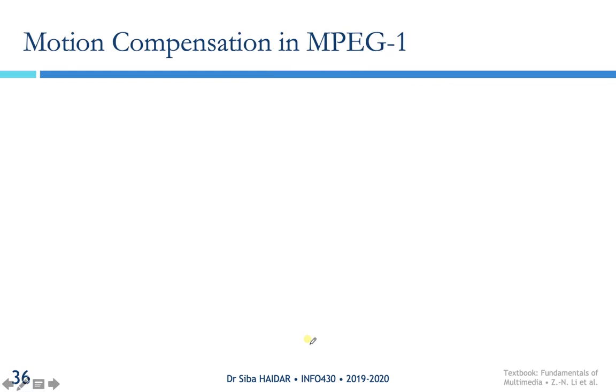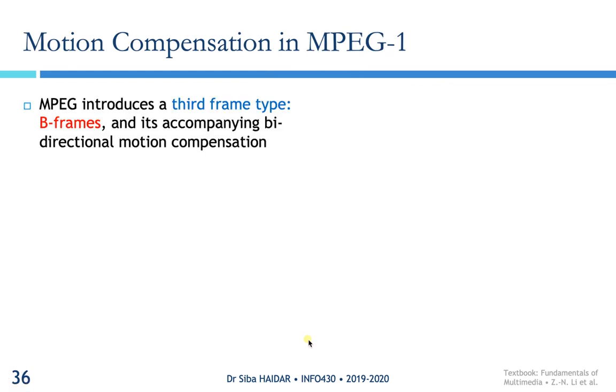This is the main idea. So the motion compensation in MPEG-1 introduced a third frame type, which is called the B frames. We know the I frames, we know the P frames, and now MPEG-1 introduced the B frames, bidirectional frames, and its accompanying bidirectional motion compensation.